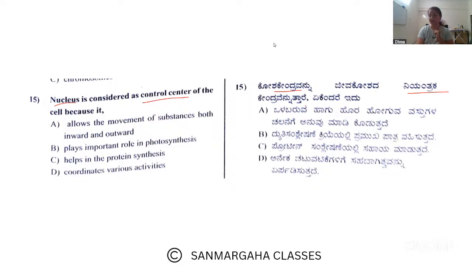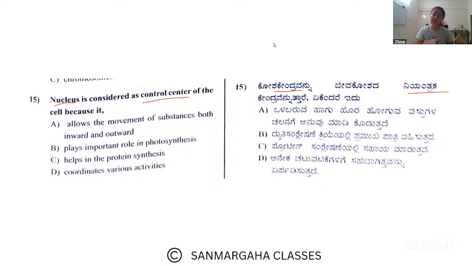Analyzing option 2, it plays an important role in photosynthesis. So will the nucleus play an important role in photosynthesis? Think. Next, it helps in protein synthesis.